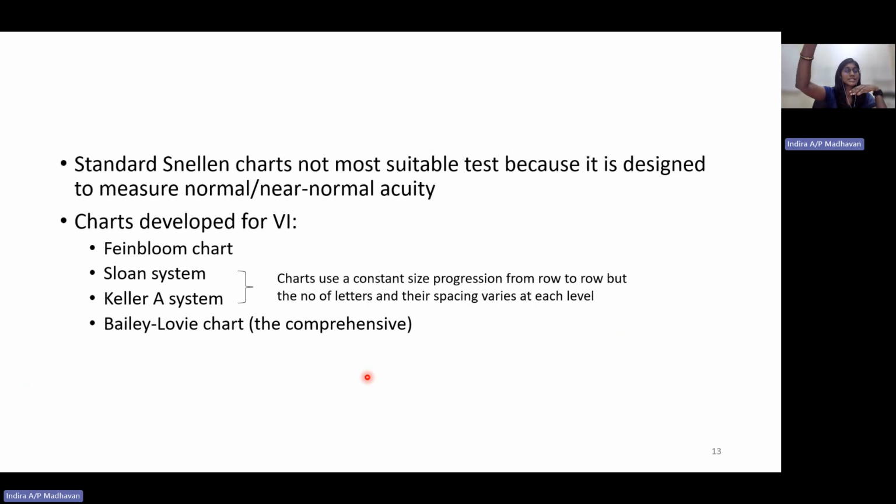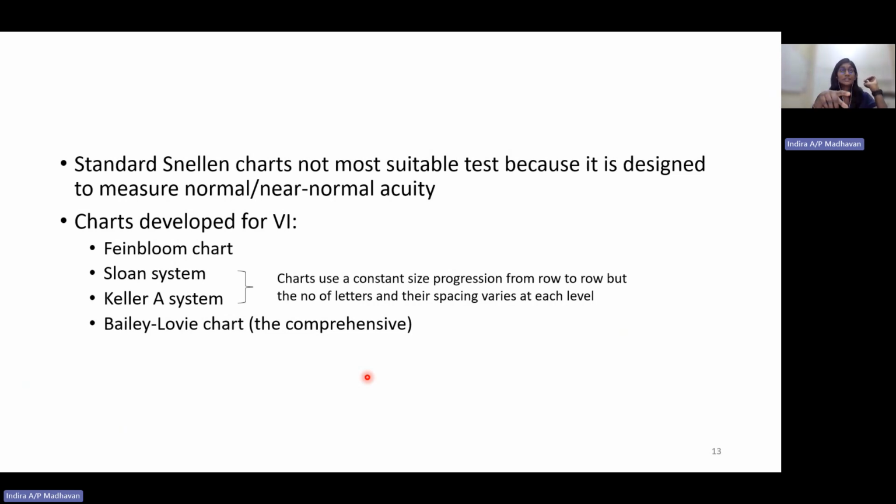Okay, maybe the 6/60 might have 1 letter, 6/5 2 letters, 6/3 4 letters, so they can have a varying number of letters. Okay, and also the spacing between each level is not similar. Okay, the spacing between the letters in each row is not constantly reducing, for this Sloan and Keeler A system.